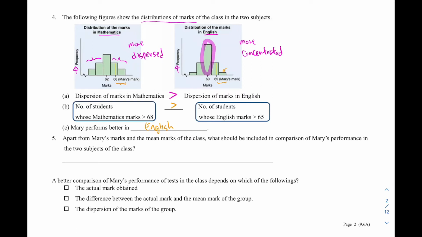And so here, apart from Mary's marks and the mean marks of the class, we should also include the dispersions of marks of the 2 subjects to conclude in which subject Mary performed better.